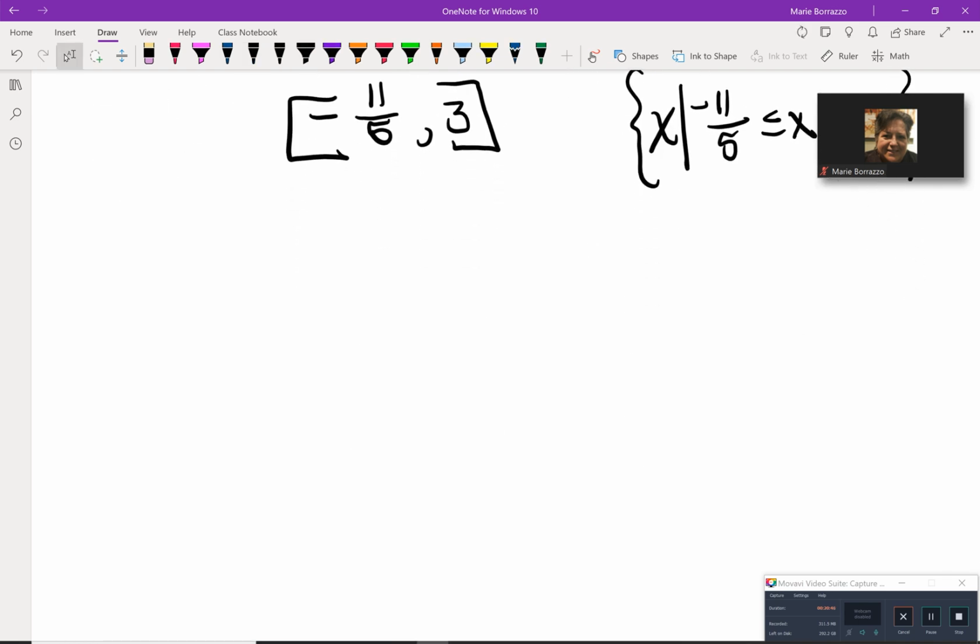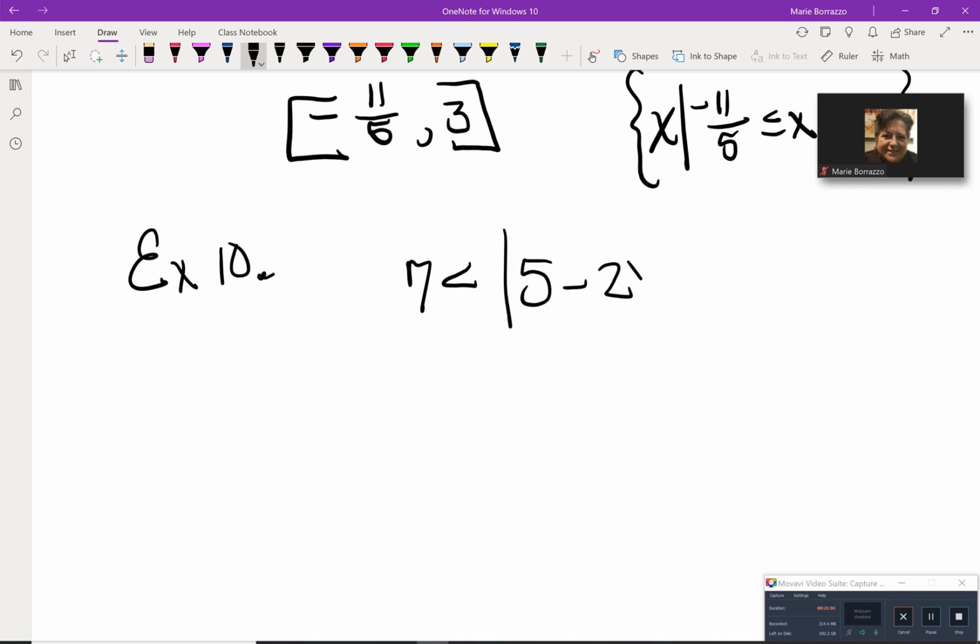Let's do the final example here, example 10. So we're solving an absolute value inequality. In this case, we have 7 less than absolute value of 5 minus 2x. And so in this case, I want you to remember that we have two situations.